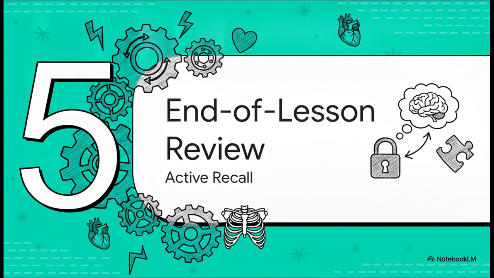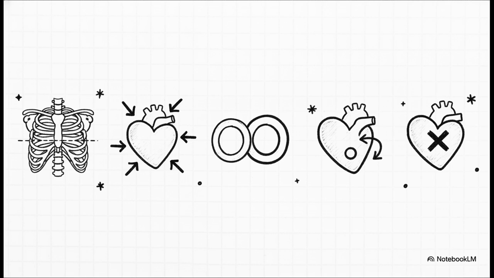Let's wrap things up with Section 5, End of Lesson Review. Let's lock in everything we've covered with a rapid, active recall session to make sure you're totally exam ready. Here are 5 high-yield facts integrating anatomy, physiology, and clinical practice. First, the transverse thoracic plane at the T4-T5 disc separates the superior and inferior mediastinum.